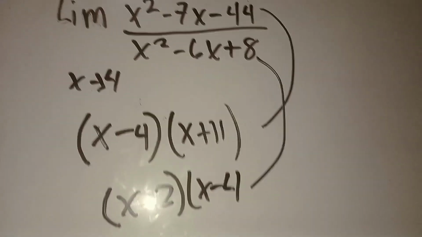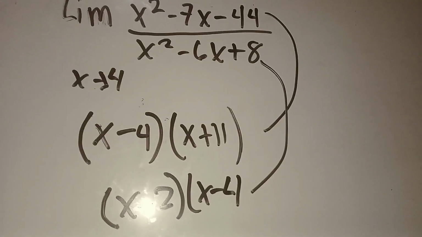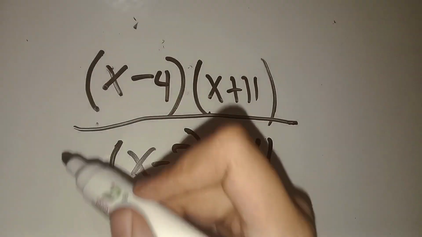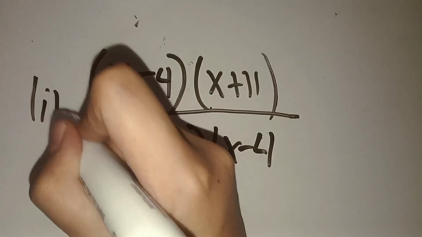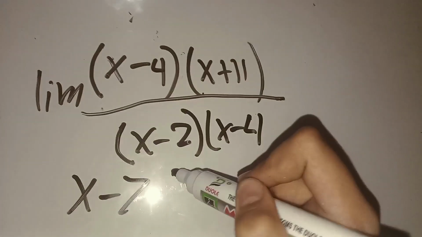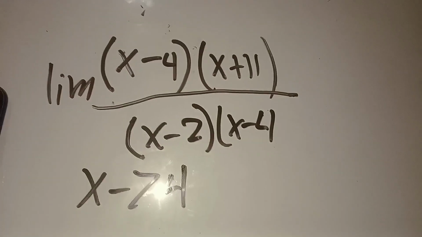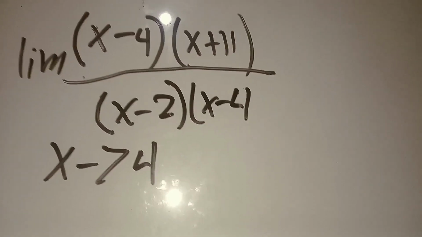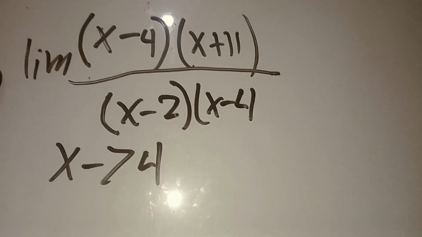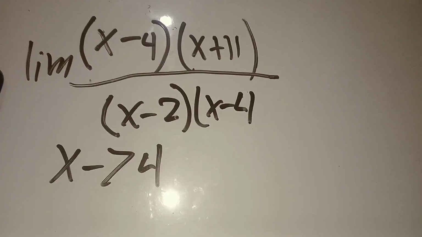So, ganito siya. Towards the limit, x approaches 4. So here we notice that the numerator and the denominator have a common factor, which is x plus 4.